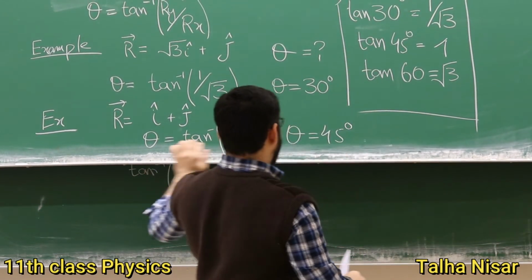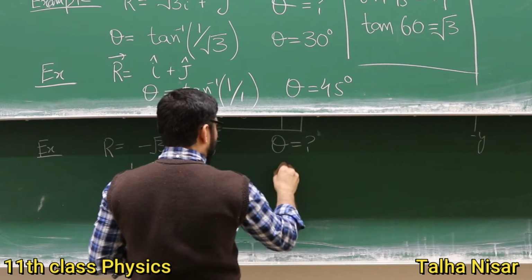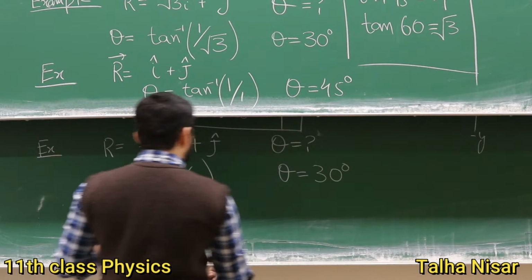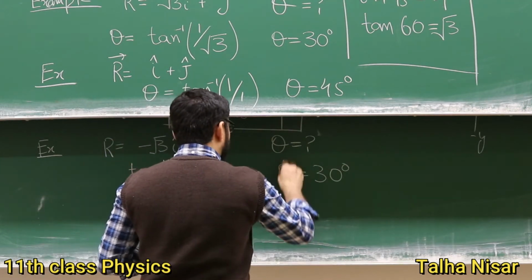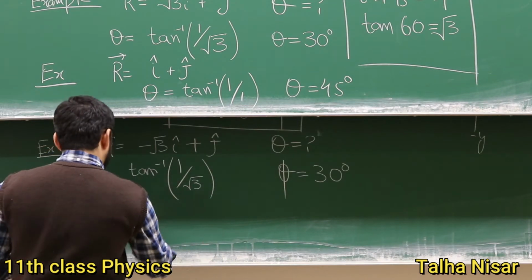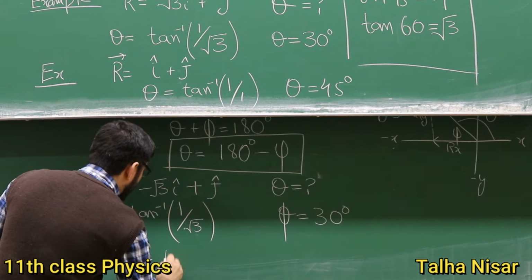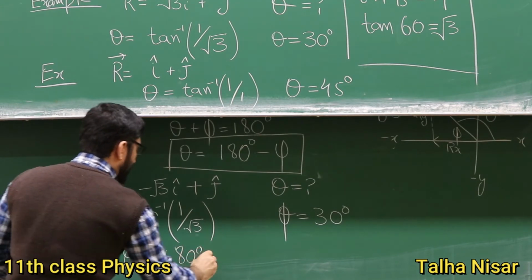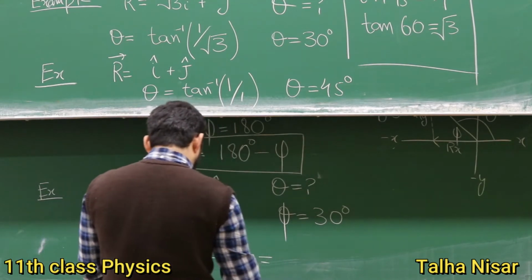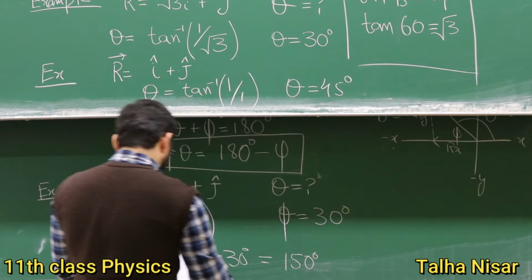So the angle is 30, and this is phi. So the theta, as we saw, is 180 degrees minus 30 degrees, which is equal to 150 degrees.